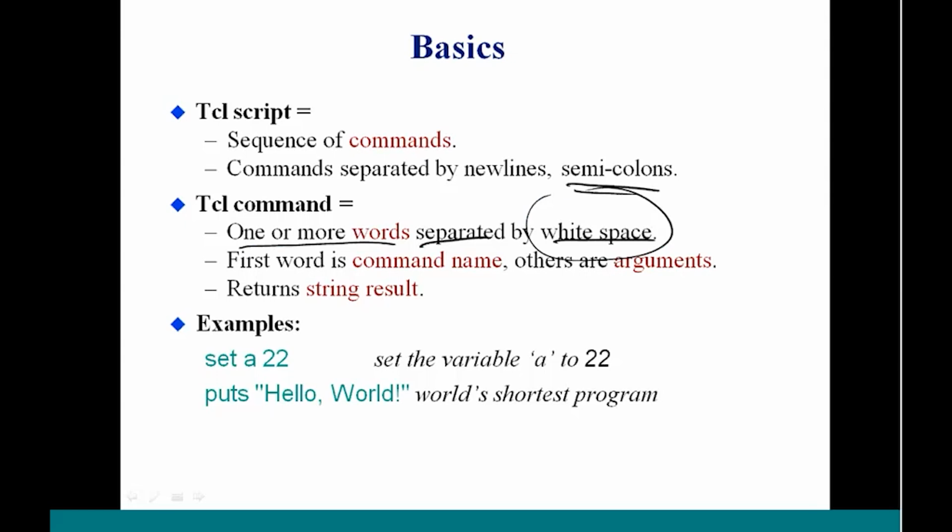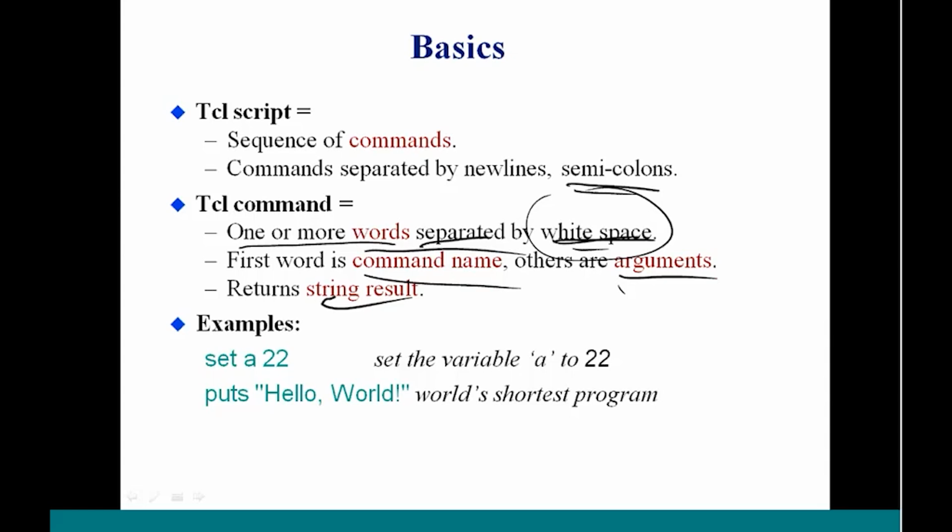But in Tcl it's very simple: white space is treated as a word separator, and the command just has a number of words. The first word is always the command name, the remaining ones are all arguments, and it also returns a string value.